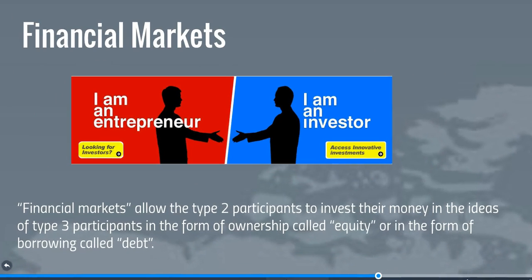Financial markets allow the type 2 participants to invest their money in the ideas of type 3 participants in the form of ownership called equity or in the form of borrowings called debt. So financial markets essentially provide the mechanism to exchange these monies and rewards between type 2 participants and type 3 participants. But sometimes all the profits and monies earned by type 3 participants do not reach type 2 participants.